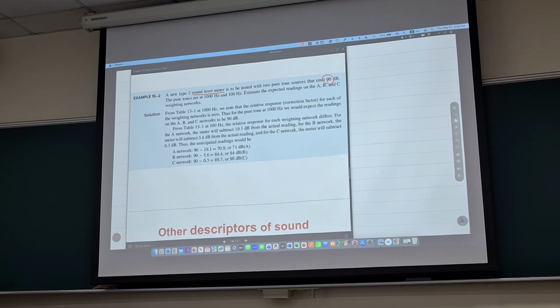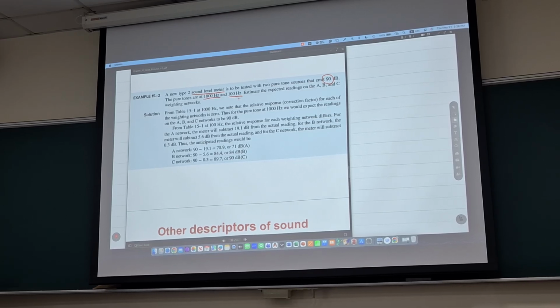The pure tones are at 20, 100, and 1,000 hertz. So let's estimate A, B, C.